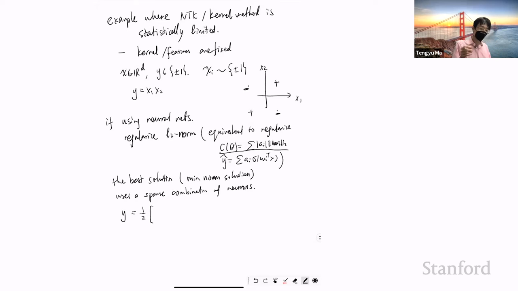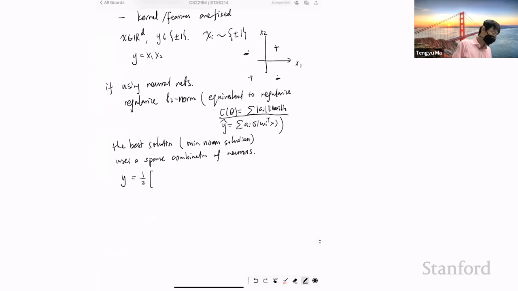So the best solution, first of all, doesn't really use any other dimensions. That seems to be believable, right? Why would you want to use any other dimensions if your function is only a function of the first 2 dimensions? You only need the following 4 neurons.